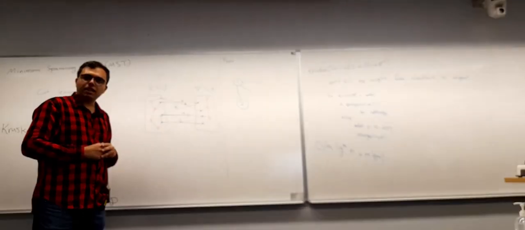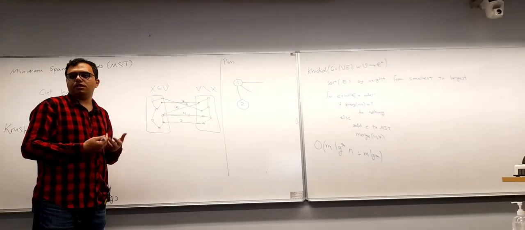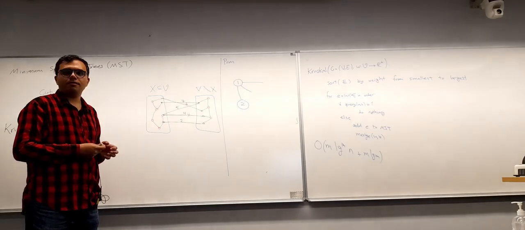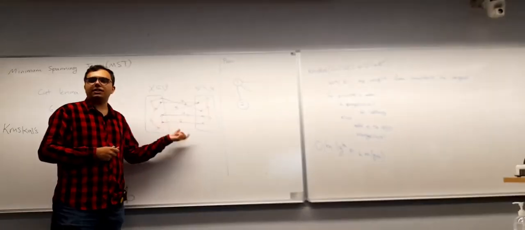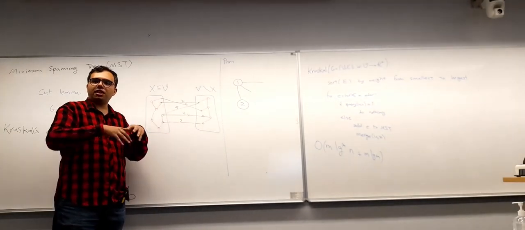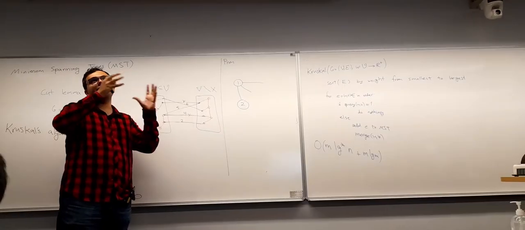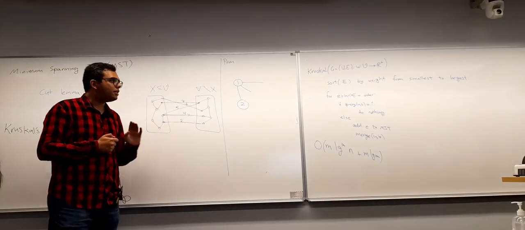Yes, but the edges that we fixed were guaranteed to be in a minimum spanning tree. So it's fine. I can just continue adding them. Every time I'm finding an edge, I'm guaranteed that that edge is in a solution. And even if I have part of the solution, I'm guaranteed that I can extend my partial solution using that edge. It's the exact same idea here.